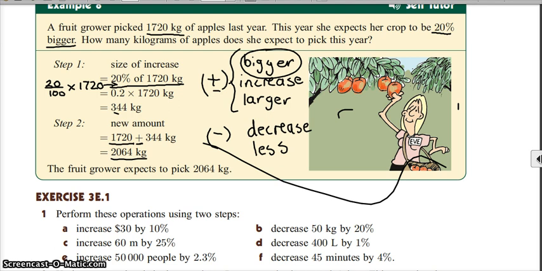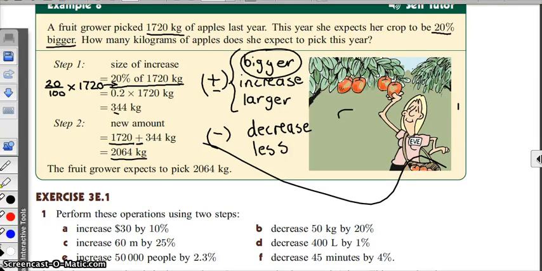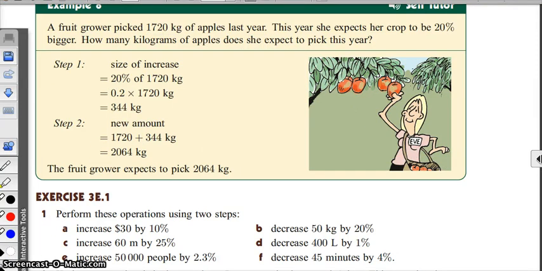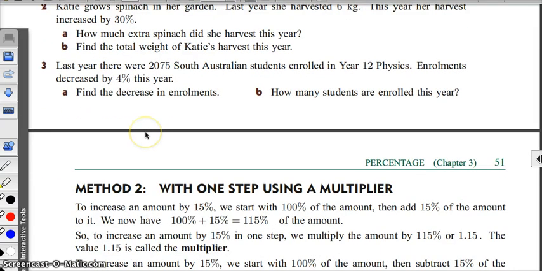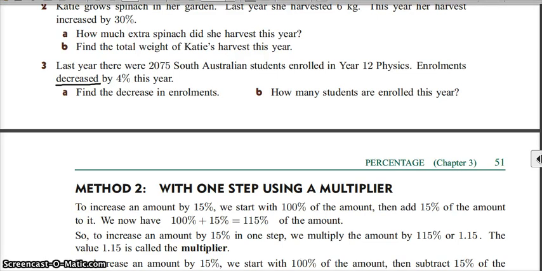If you look at some of the questions below, question 3 there: last year there were 2,075 students in South Australia enrolled in Year 12 Physics, and enrolments this year decreased by 4%. How would we go about this, Brooke? You do the same thing.